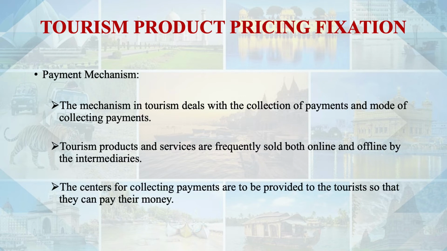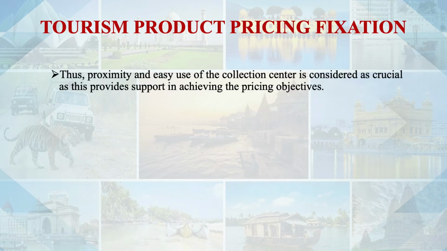The centers for collecting payments are to be provided to the tourists so that they can pay their money for the services they consumed. Tourists are classified on a geographical basis. Thus, the proximity and easy use of collection centers is considered crucial, as this provides support in achieving the pricing objectives as well.